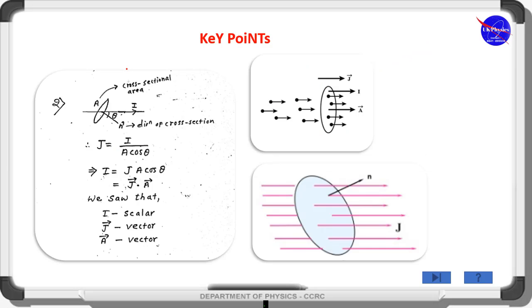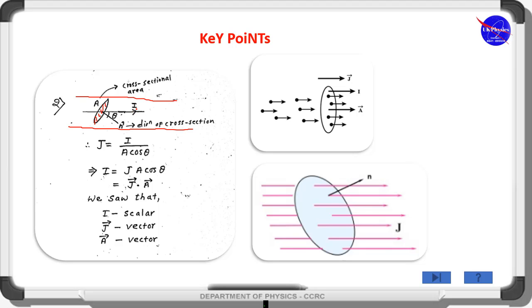Here is the next key point. Here you can see in the figure, this is the cross section, right? This is the cross-sectional area of a conductor. I have taken only the cross-sectional area, and suppose here is a conductor like this.